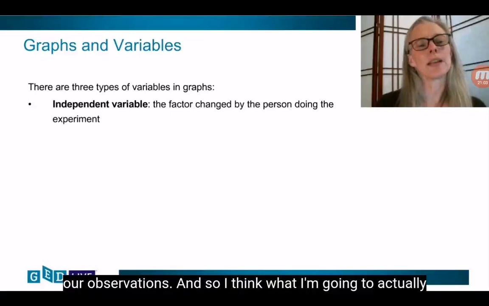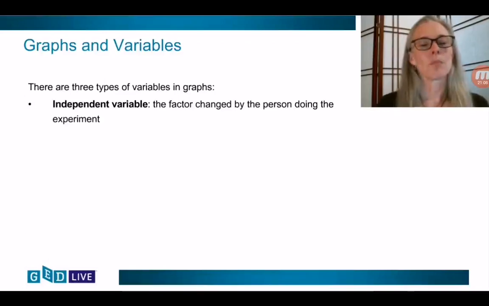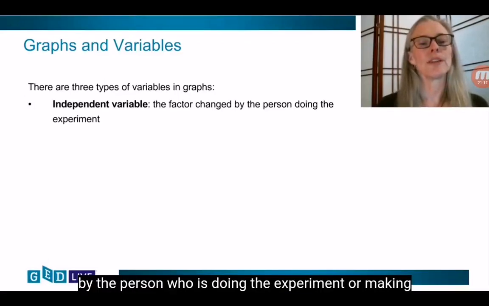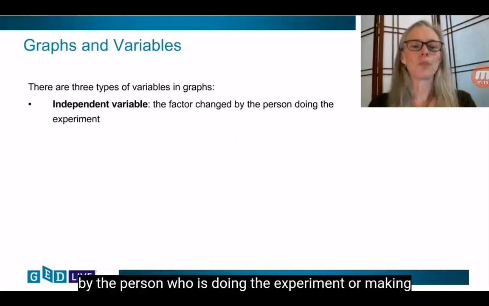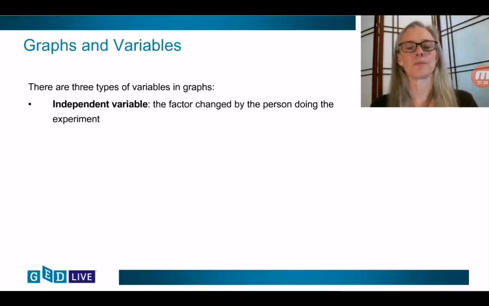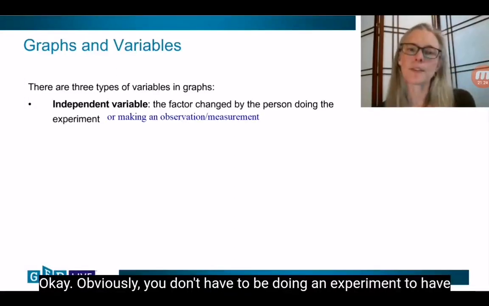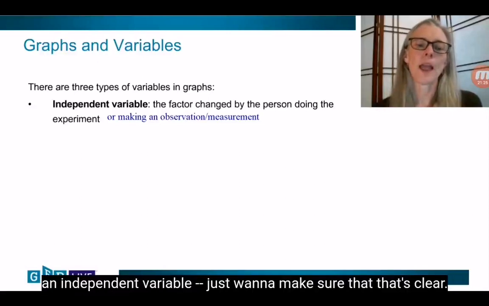And so I think what I'm going to actually add here is that it's a factor that's changed by the person who is doing the experiment or making an observation or measurement. Okay, obviously you don't have to be doing an experiment to have an independent variable.